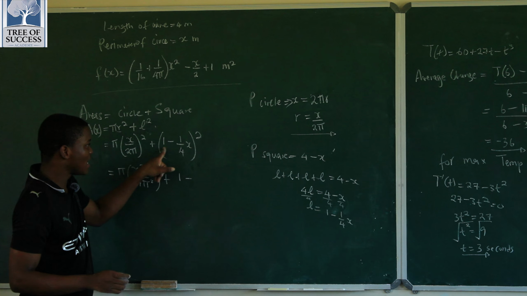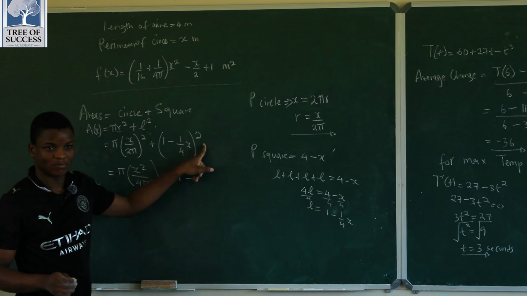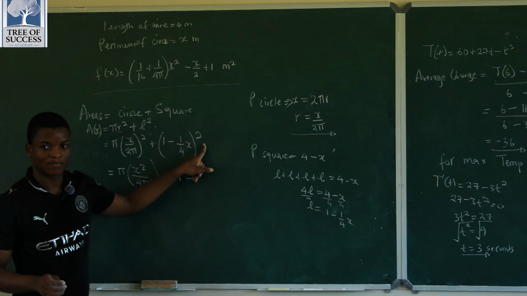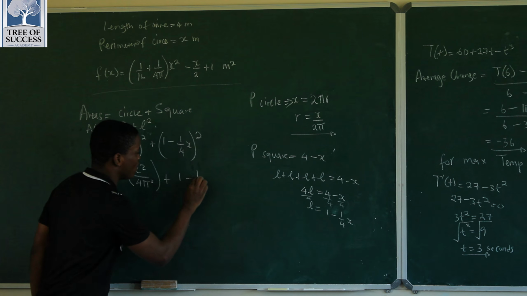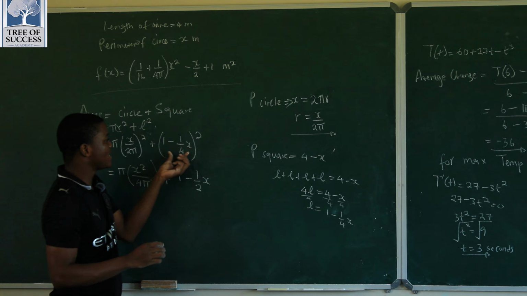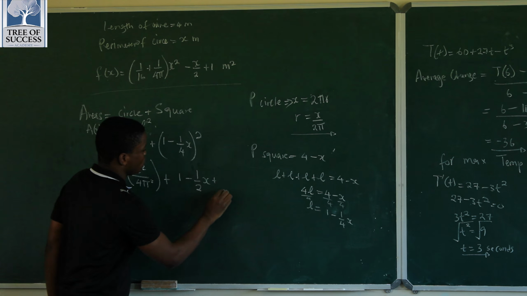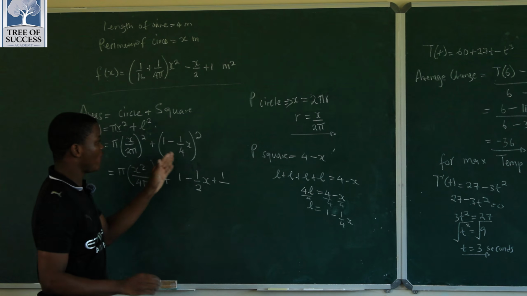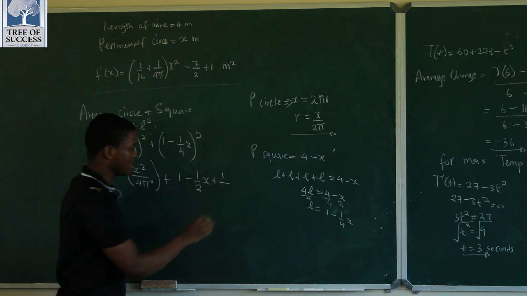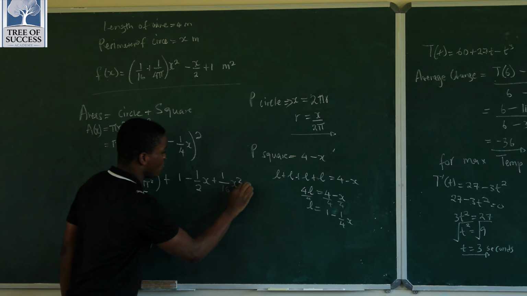It is negative 1 over 2x, because of the x there, right? Then what is the square of 1 over 4x? It has to be 1 over 4 all squared, so 1 over 16 x squared.